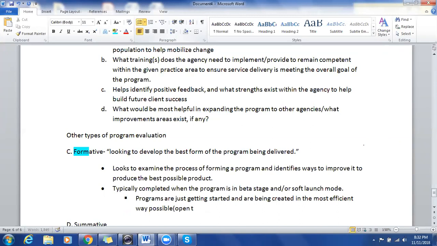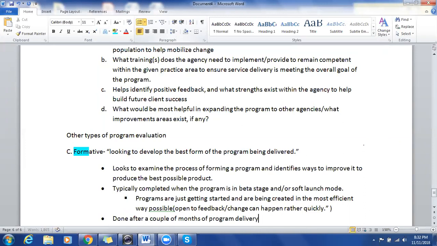So it's open to feedback / change can happen rather quickly. So this is done after a couple of months of program delivery.